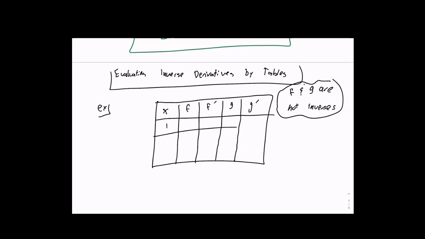1, 2, 3, 2, 3, 7, 9, 4, 6, negative 3, pi, negative 1, 9, 2, negative 1/3.